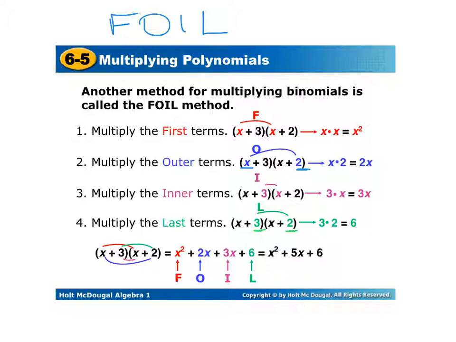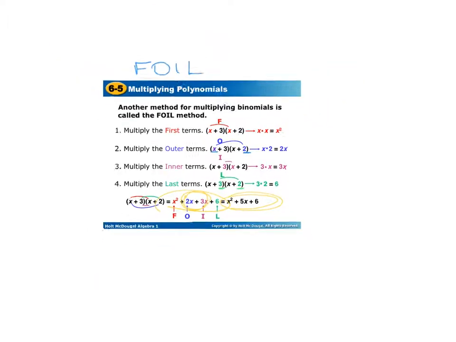Notice, using either method, distributive or FOIL, I still have 2 middle terms that I need to group. And then my answer is exactly the same. So essentially, using the acronym FOIL is really doing distributive property. But it's a little way to help you remember the order to do it.